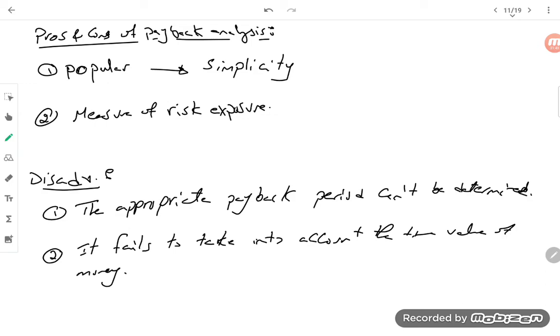Actually, in the calculation of payback period, we take the value of money as it is without considering the discount rate or inflation rate that may occur during these time periods. And the third weakness of payback, it fails to recognize cash flows that occur after the payback period.